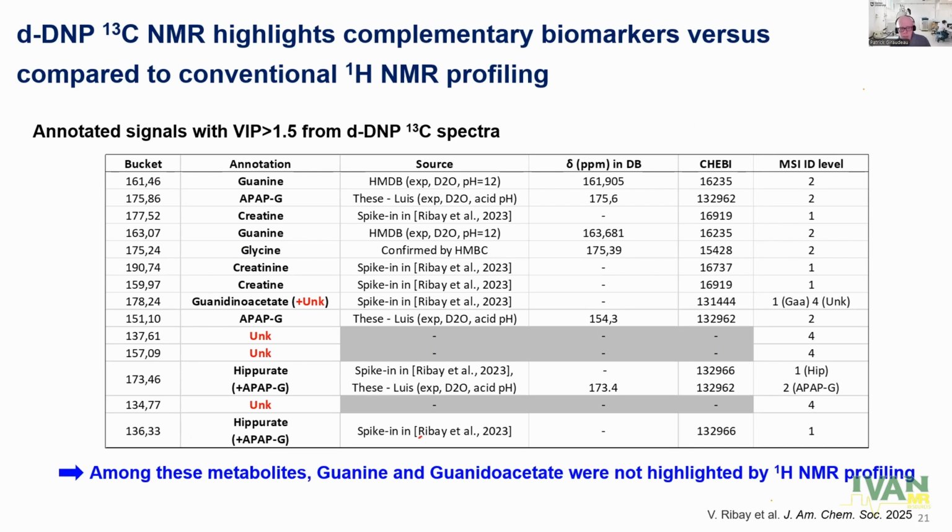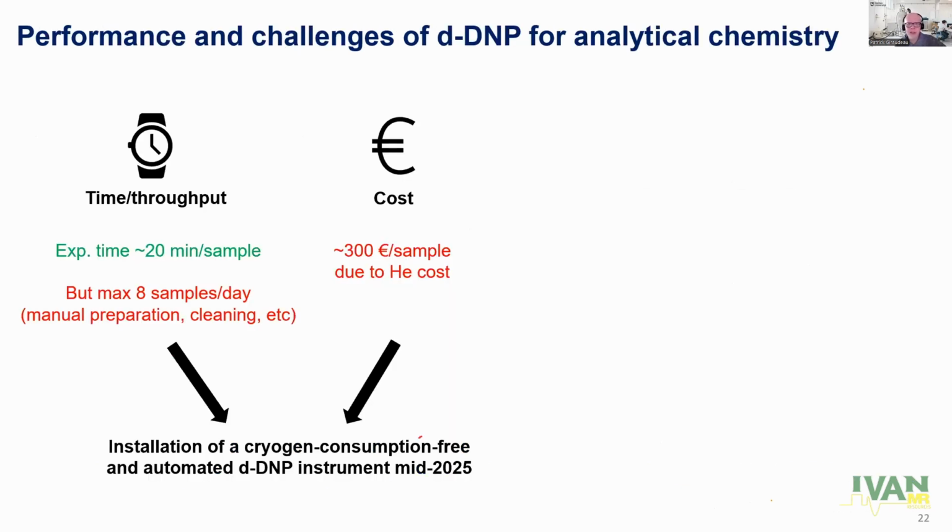We were able to highlight biomarkers, metabolites of chronic kidney disease, that were not highlighted by proton NMR. The reason is that they were completely hidden under very strong peaks, which was not the case in C13 NMR. So I think this makes hyperpolarized C13 NMR quite promising for metabolomics.